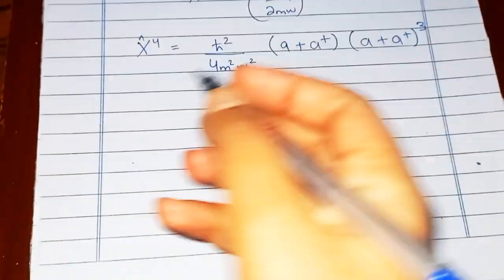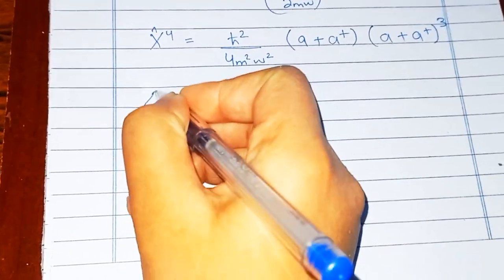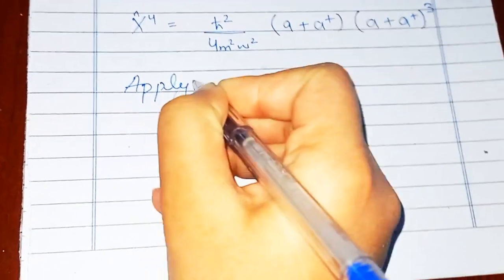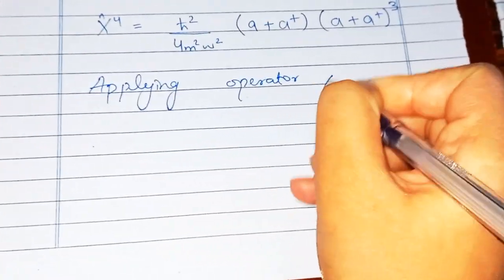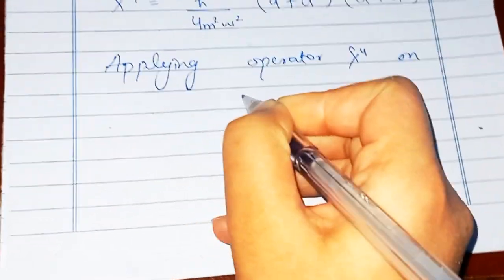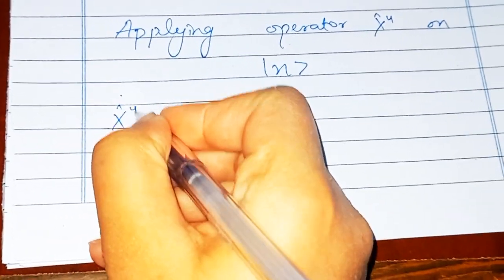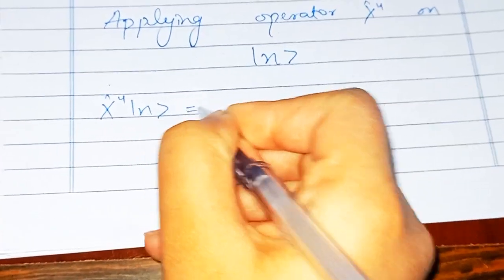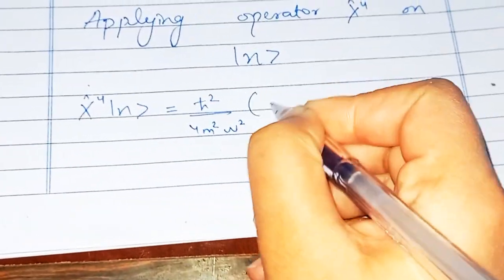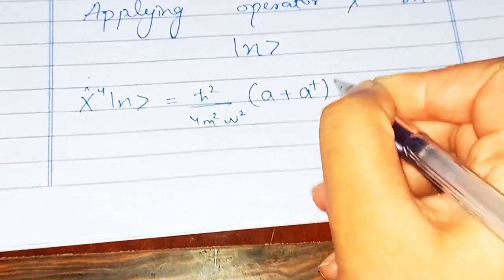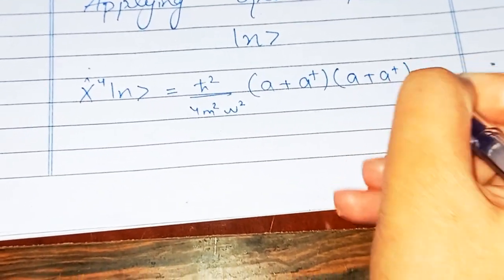Let's apply the operator x to the power 4 on the ket, which means we are multiplying this ket on the left by (a plus a plus) and (a plus a plus) whole cube.